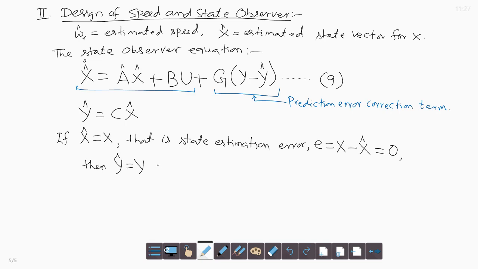So y hat is the same as y. So g into y hat minus y, or say y minus y hat, is 0, which implies no correction, as there is no prediction error.